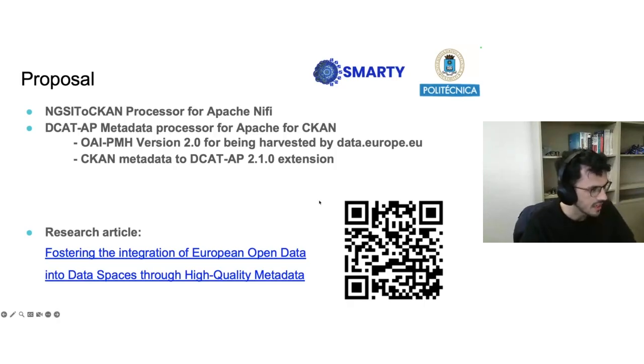We are using DCAT-AP 2.1.0, but we are going to move to the new versions of DCAT-AP. It's not very complex to do it, but we have this pending. So just to know that in the next months we will have the new version of DCAT-AP.